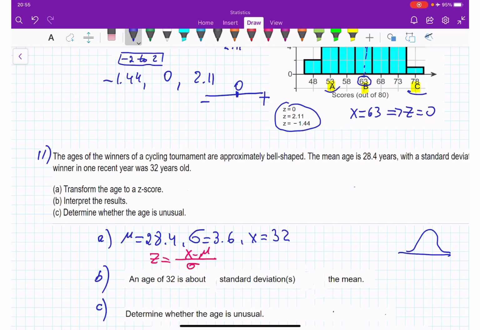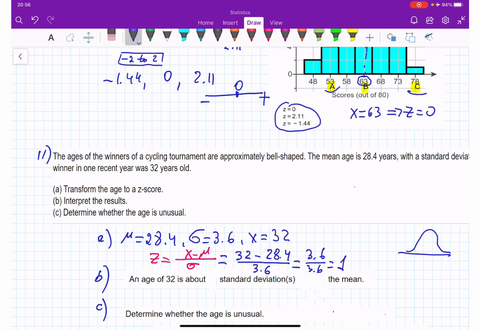So my x is 32 minus mu 28.4, divided by 3.6, and that is going to be 3.6 over 3.6, and this is going to be equal to 1. So z-score is equal to 1.